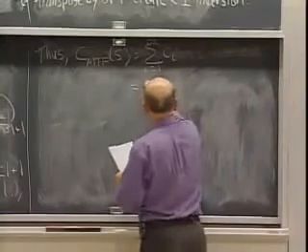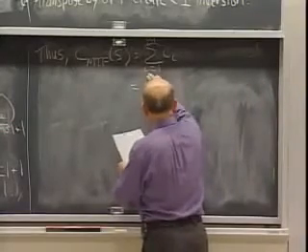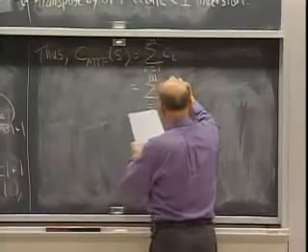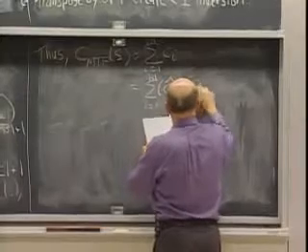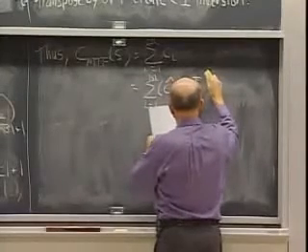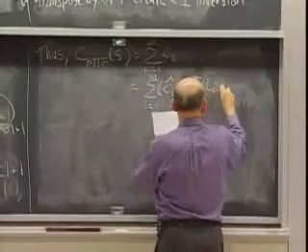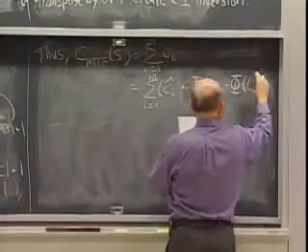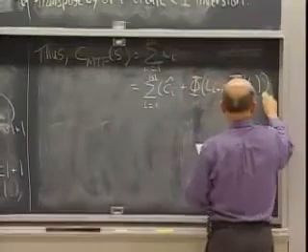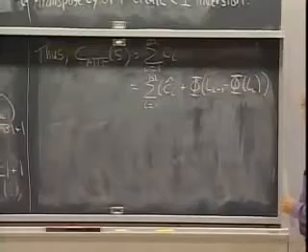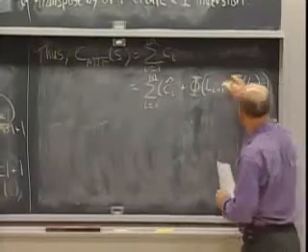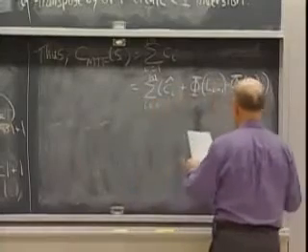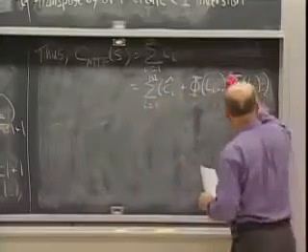And that is just the sum i equals 1 to S of the amortized cost minus the change in potential. Did I do this right? No, I put the parentheses in the wrong place. No, now I've got it right. Good. I just missed a parenthesis.